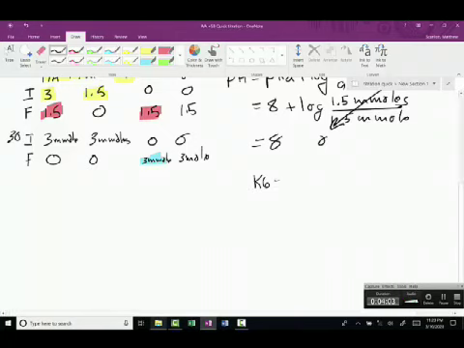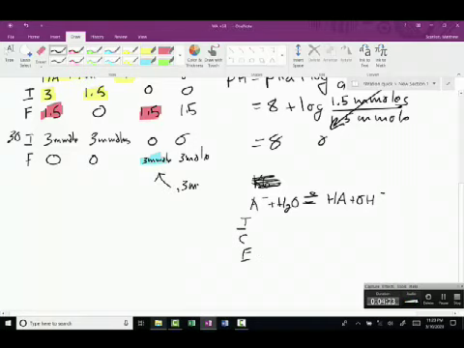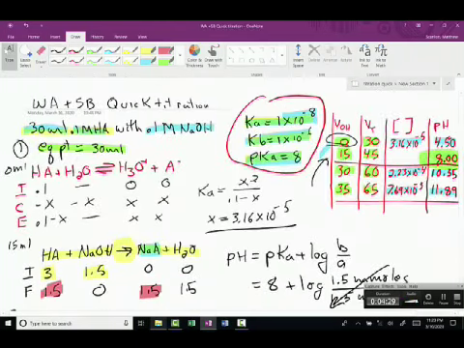Kb is equal to, whoops, got to do my ice table, A minus plus H2O yields equilibrium, HA plus OH minus, and initial, change, equilibrium. I need the concentration. I can get it: 3 millimoles divided by the total volume, which is 60 milliliters, because it's the 30 milliliter slot right there.